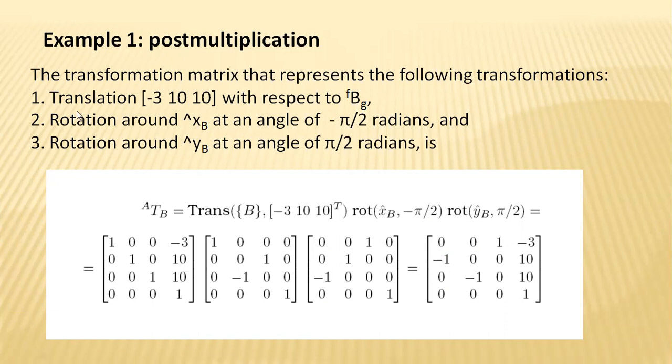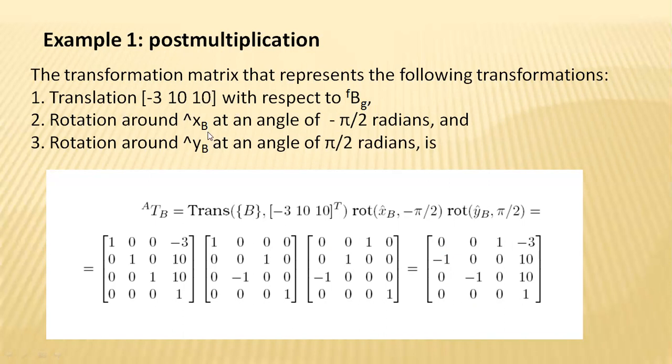Here our post multiplication example clearly specifies it. See, translation towards x-axis it is -3, towards the y-axis it is 10, towards the z-axis it is 10, and the rotation is progressed with respect to the base frame.